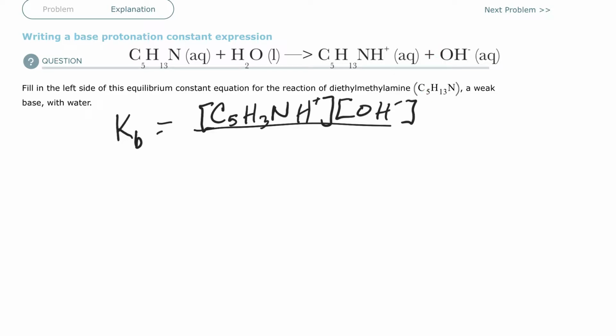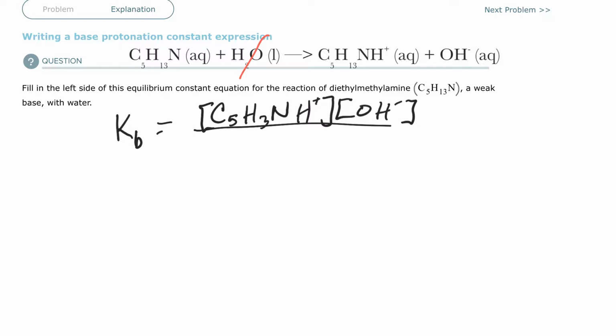Then I come over to the left, and I ignore the water, because you're going to ignore everything that's solid and liquid. You're only interested in gases and aqueous. This constant only works for things that can change their concentration. A liquid can't change its concentration. A solid can't change its concentration. So we just ignore them.